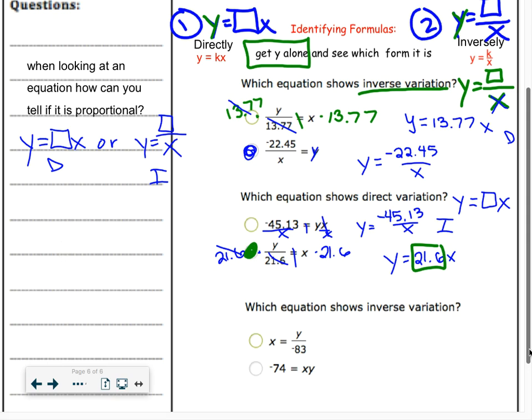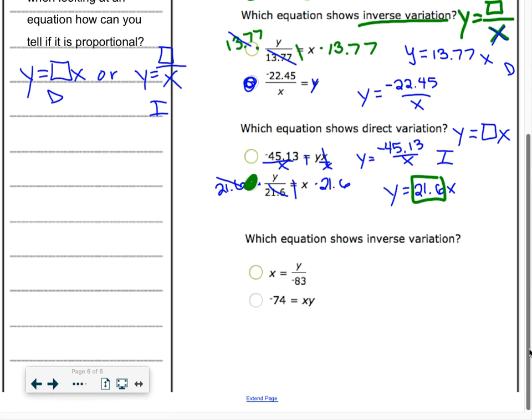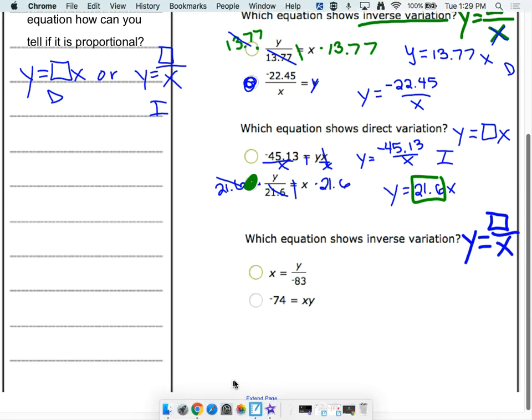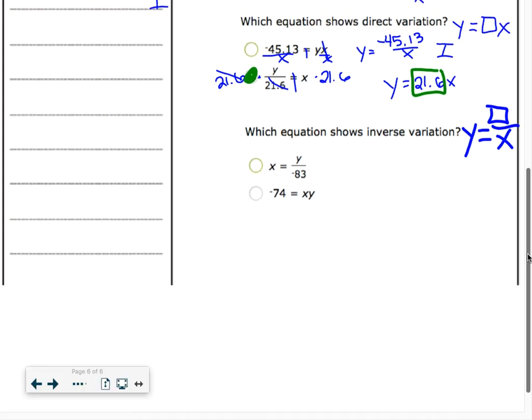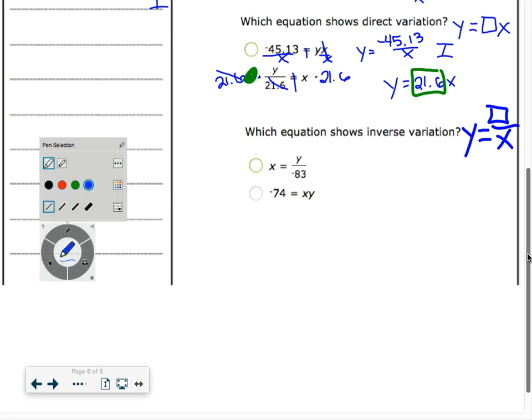Anywho, that was a great sidebar conversation. Which equation shows inverse? Inverse means y equals something divided by x. So x should be on the bottom. Again, your goal, get y alone first. That's always your goal. Okay, so top one, I have x equals y over negative 83.